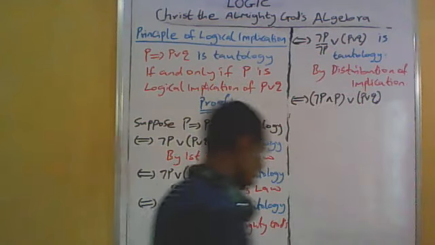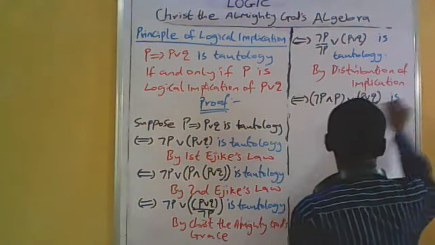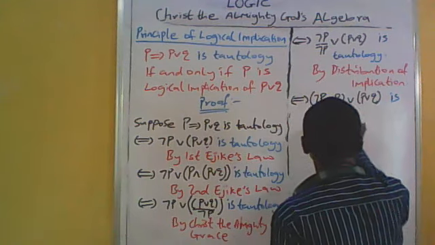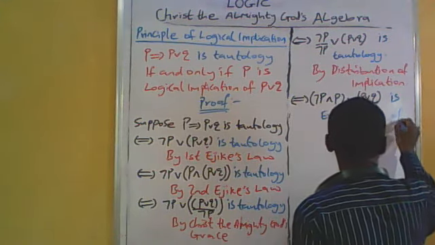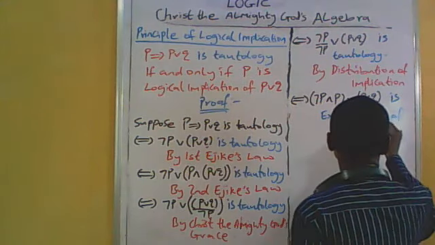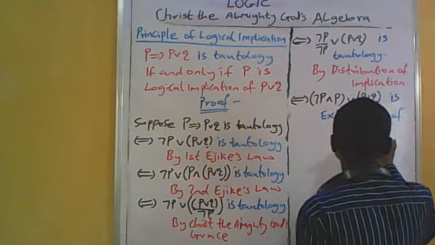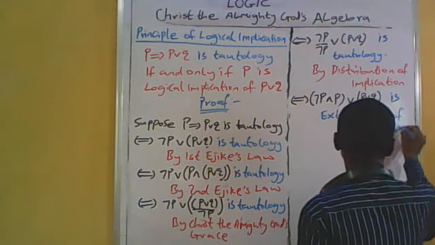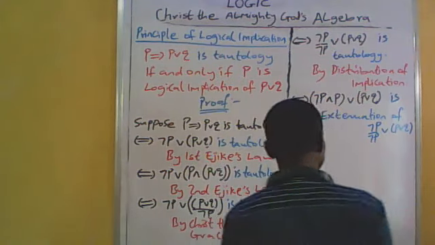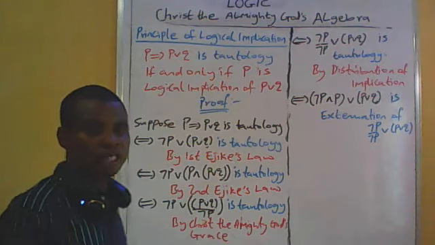So we say that this is the extenuation of not P upon not P or bracket P or Q, being justified by Christ Almighty God's grace.